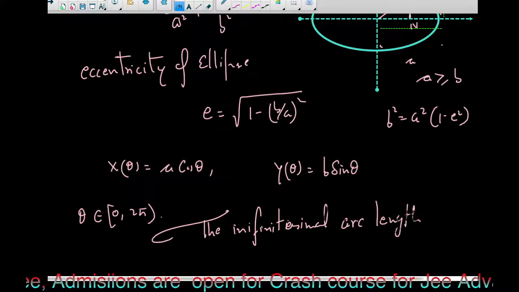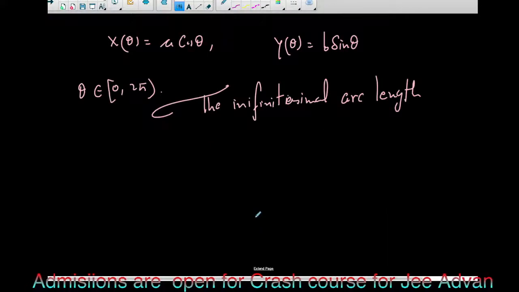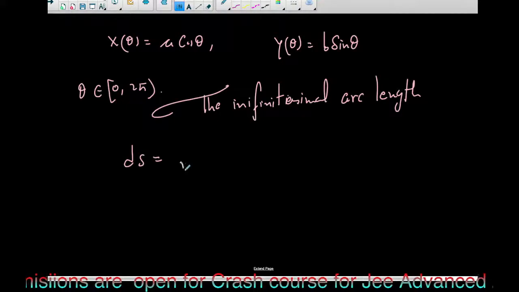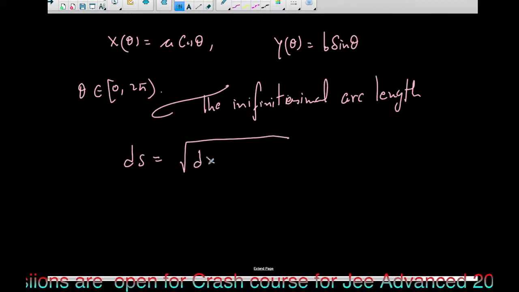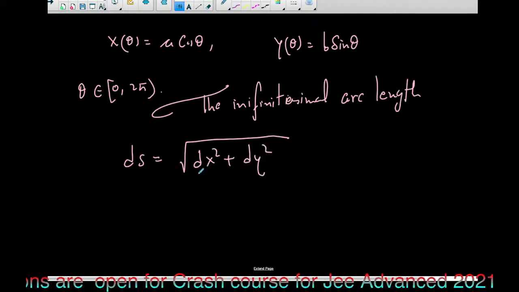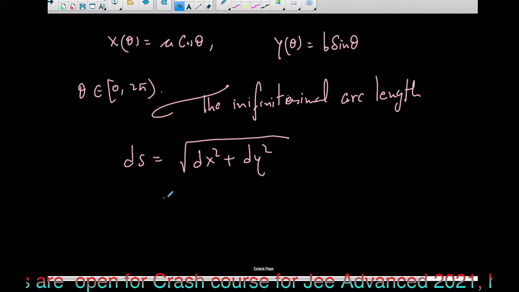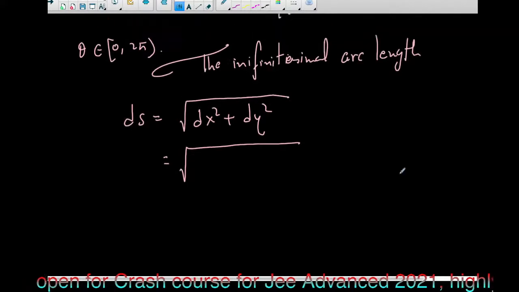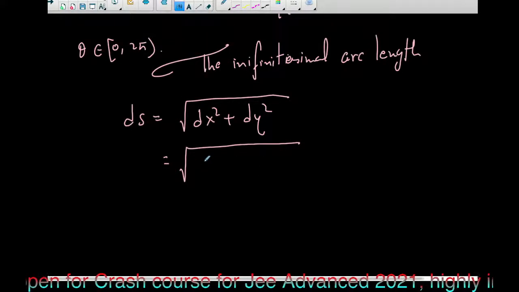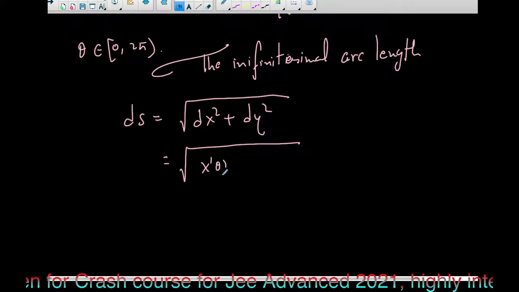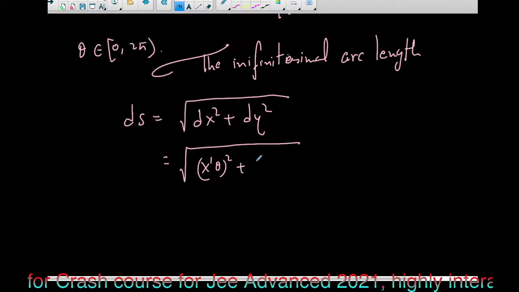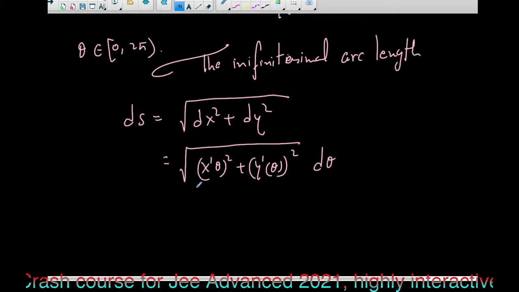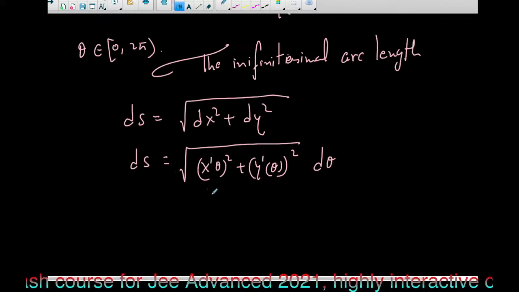The infinitesimal arc length can be evaluated as ds equals the square root of dx squared plus dy squared, as we discussed previously. Substituting in the parametric coordinates, this is also a type of numerical from those previous results. So ds equals the square root of (x dash of theta) whole squared plus (y dash of theta) whole squared, d theta. Are you getting this one?